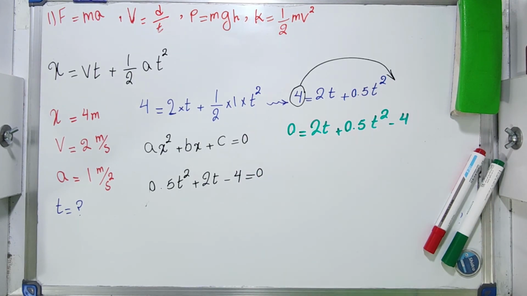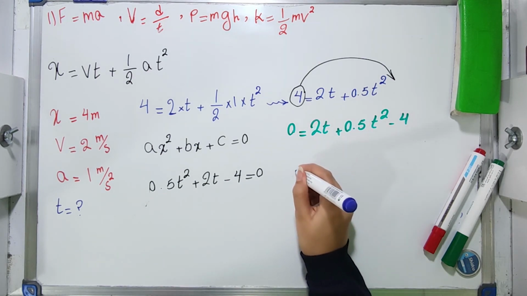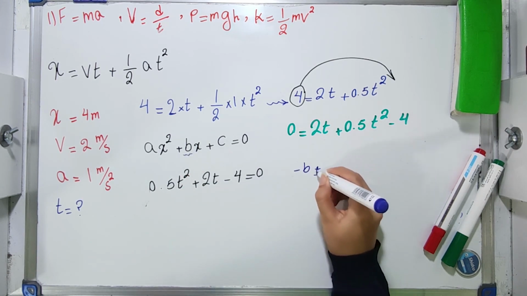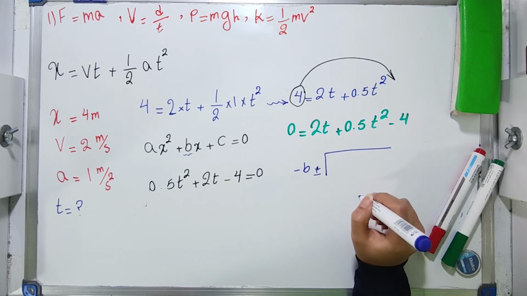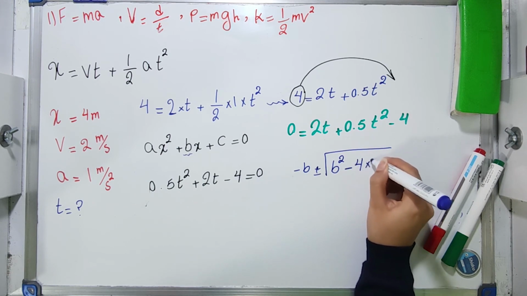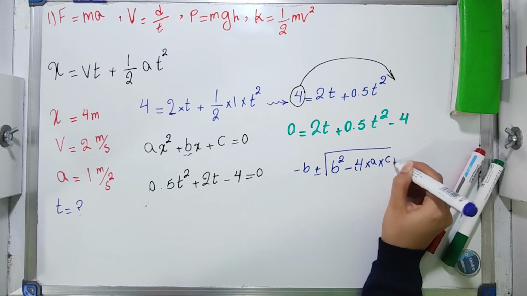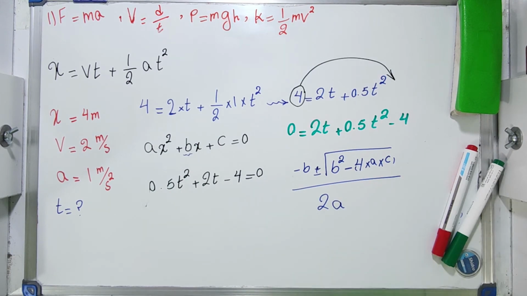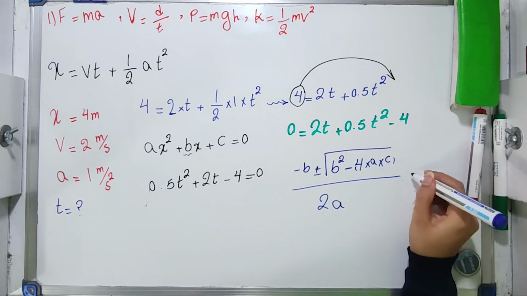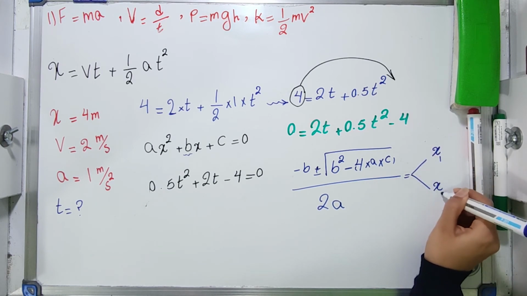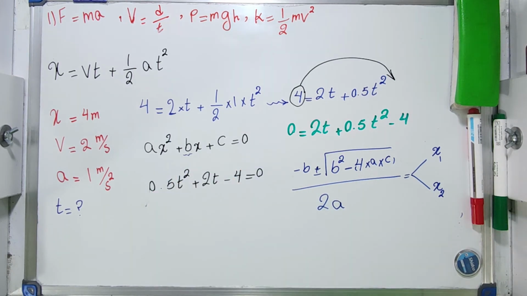For solving such equations, I have a formula, and it says minus b, that is this b, plus or minus the square root of b squared minus 4 times a times c, over 2a. And this gives you 2 roots, 2 answers, x1 and x2, based on this equation I'm telling you.